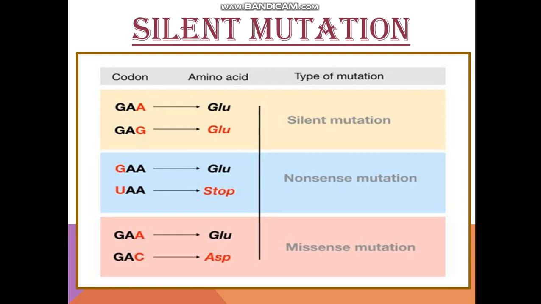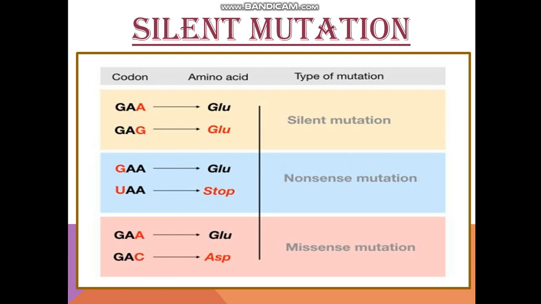Because both GAA and GAG are coding for glutamic acid. So ultimately this mutation will not be shown. Nobody will know that this mutation has actually occurred inside. Clear? So this is a general rule. You will study this rule in class 12, that even if the third base is different, the same amino acid will be represented by that codon. Clear?